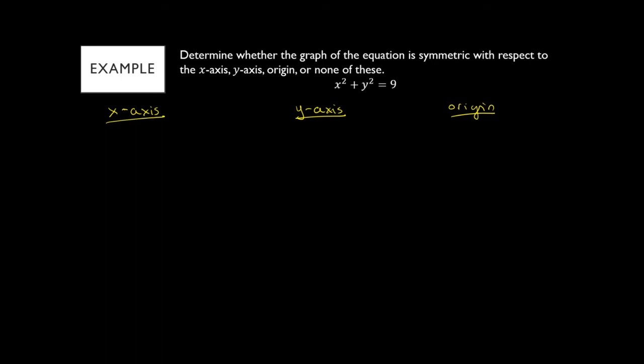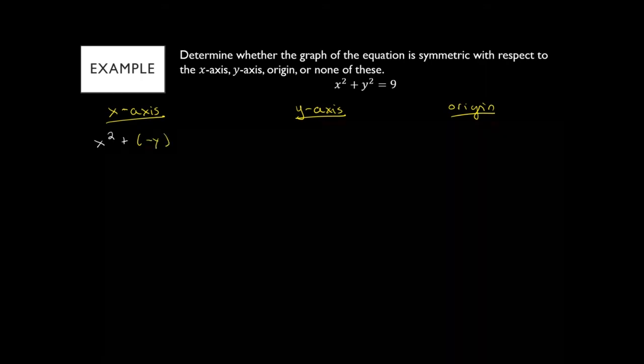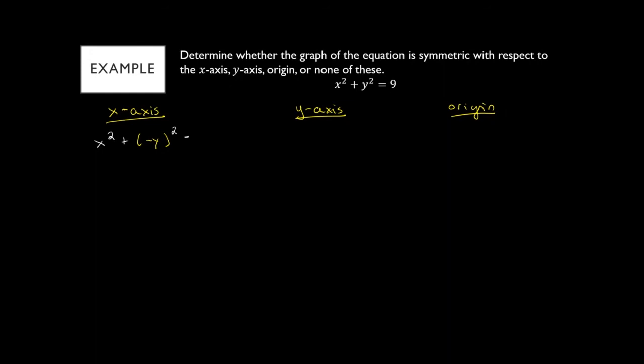So x-axis symmetry, we're plugging in negative y. So my x squared plus is the same. Then instead of y squared, I'm going to have negative y squared equals 9. So I want to simplify that negative squared.